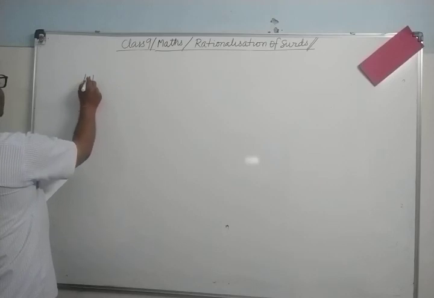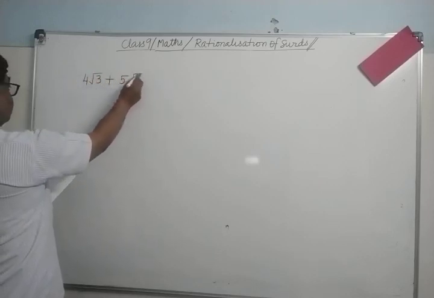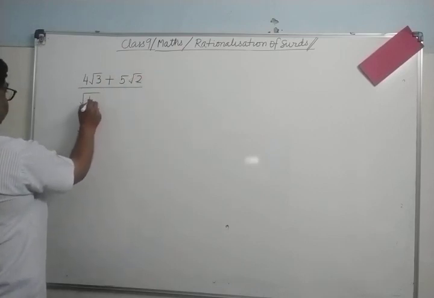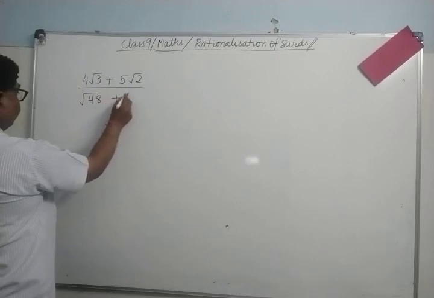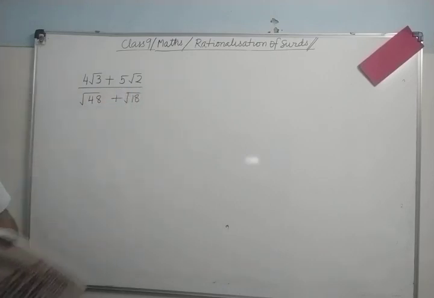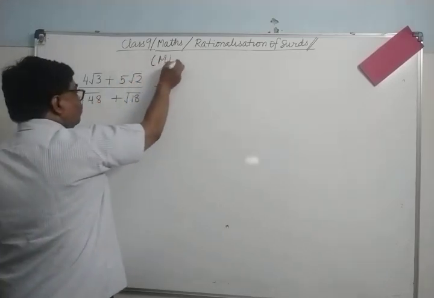It is 4 root 3 plus 5 root 2 divided by root 48 plus root 80. Here we have to rationalize the denominator. Here I am doing from ML Agarwal.